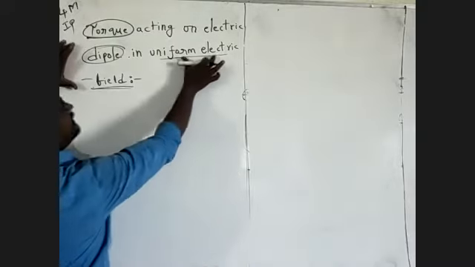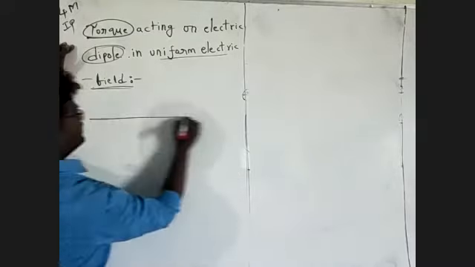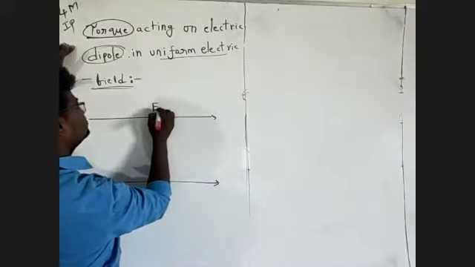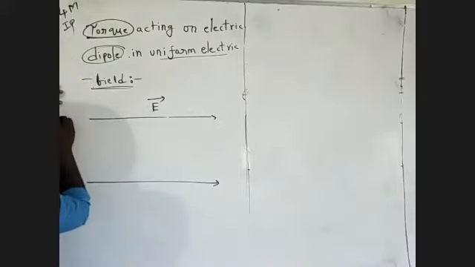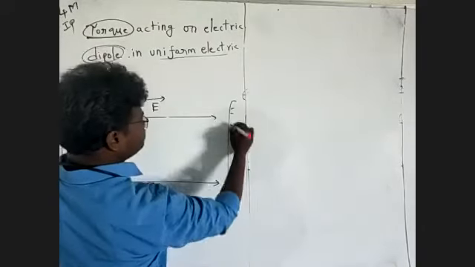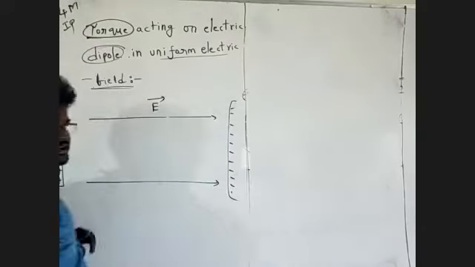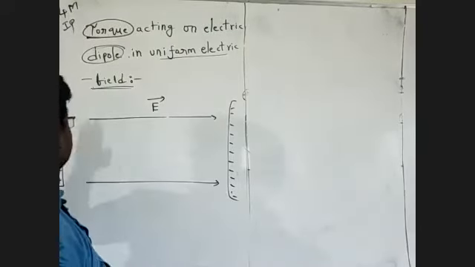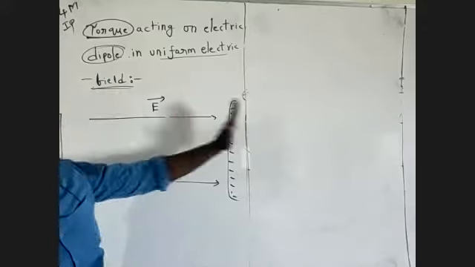Now you will see a uniform electric field. This is the electric field, and this is the direction of E. This is a positive plate and this is a negative plate. The direction of the electric field is from positive to negative.